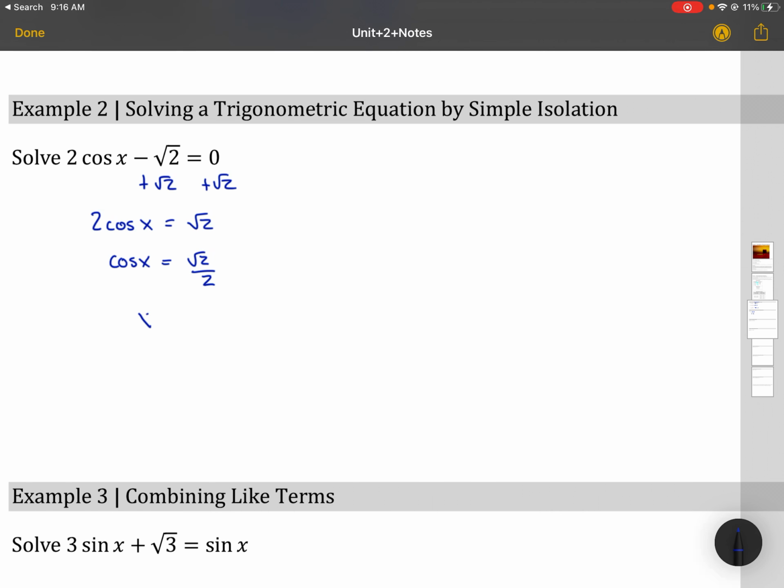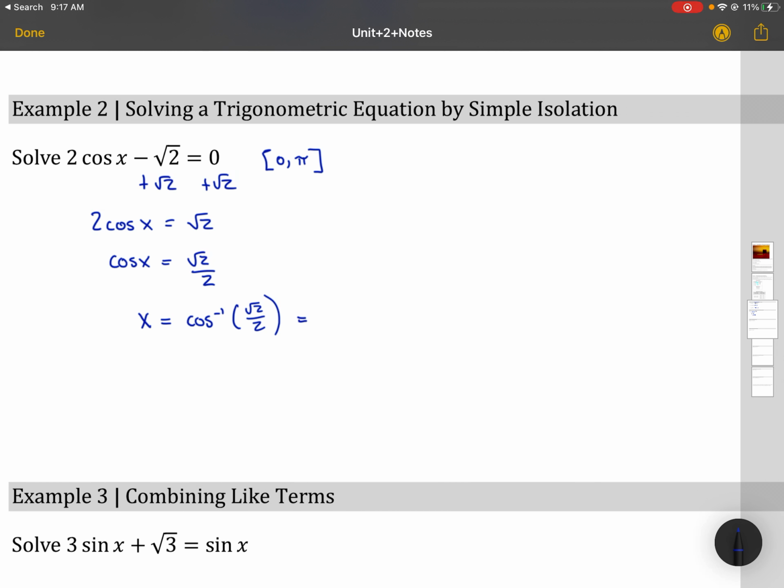And so this is why we learn the inverse trig functions. To solve for x, we have x equals cosine inverse of square root 2 divided by 2. Now, unless you're told otherwise, you should assume that your output is going to be on the interval 0 to pi, because that's where inverse cosine is defined.